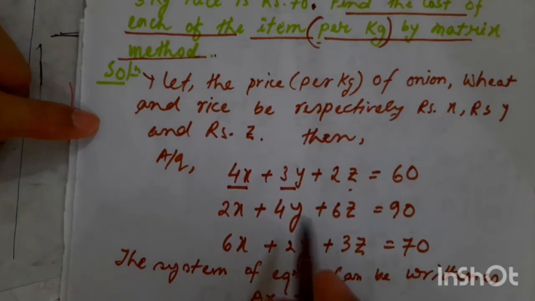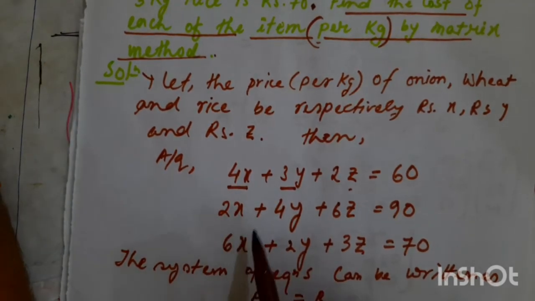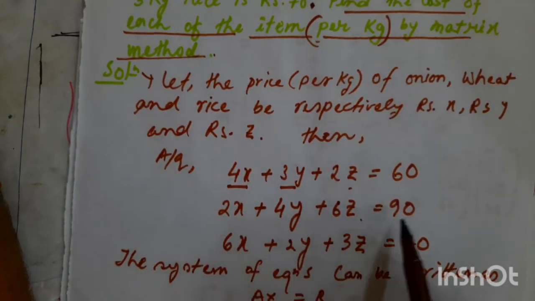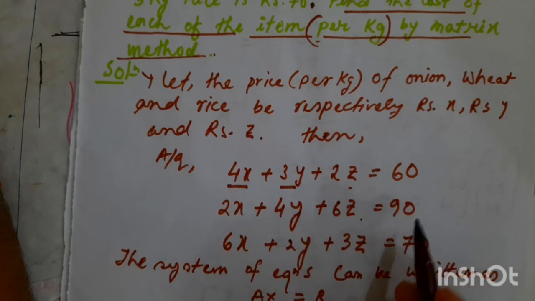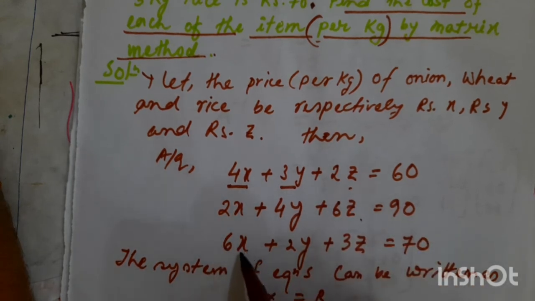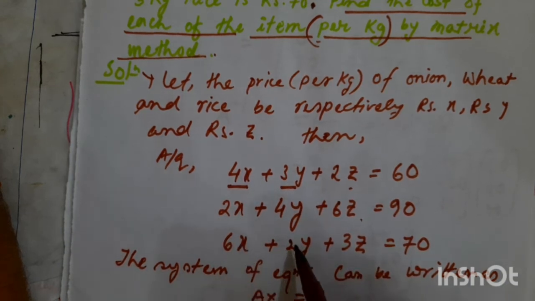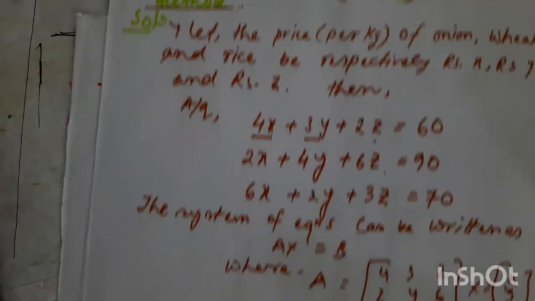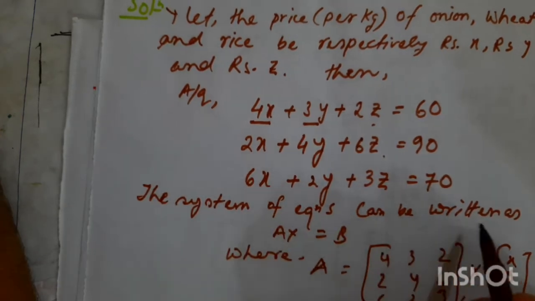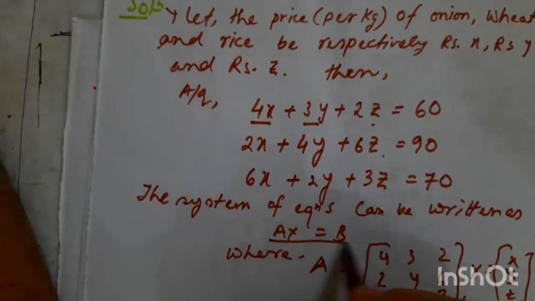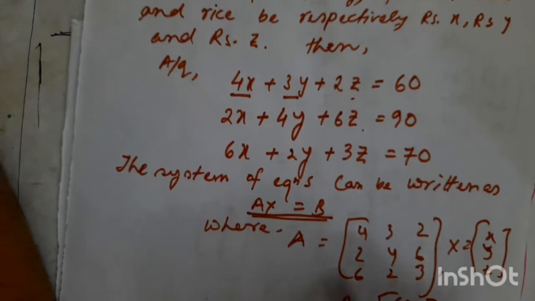Similarly, the second condition will be 2x plus 4y plus 6z equal to 90. And similarly, the third condition, 6x plus 2y plus 3z, that means 6 kg of onion, 2 kg of wheat and 3 kg of rice, equal to 70.